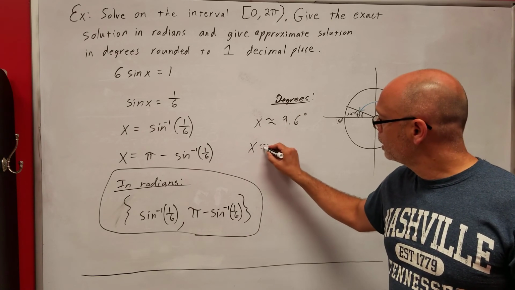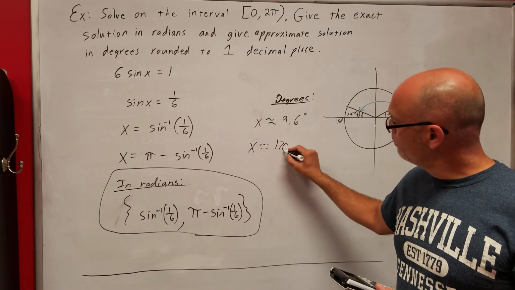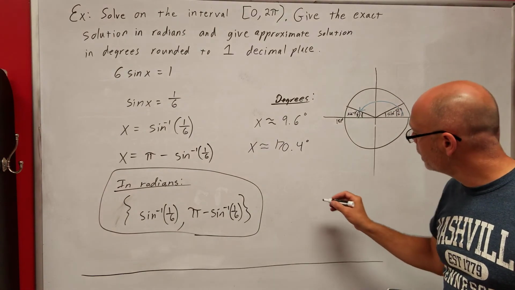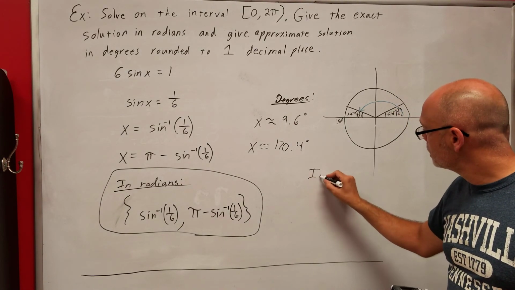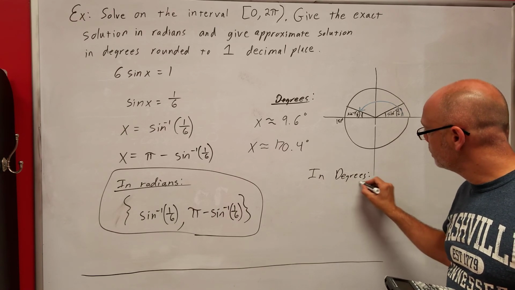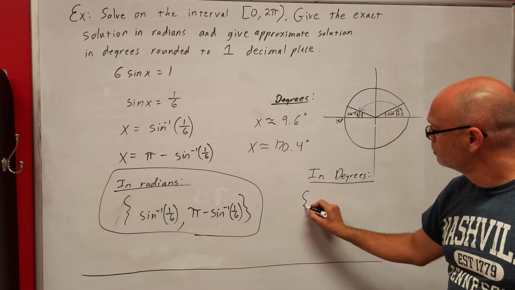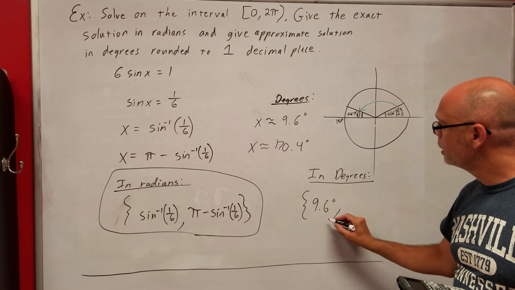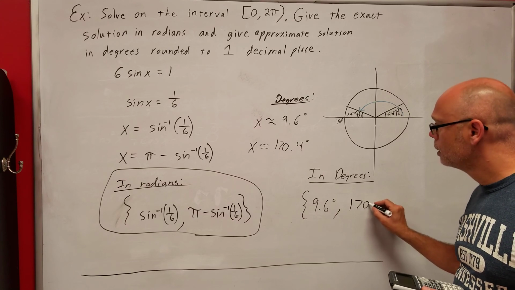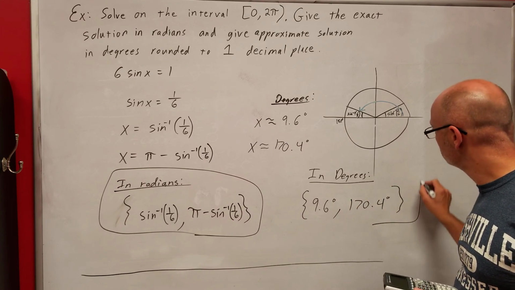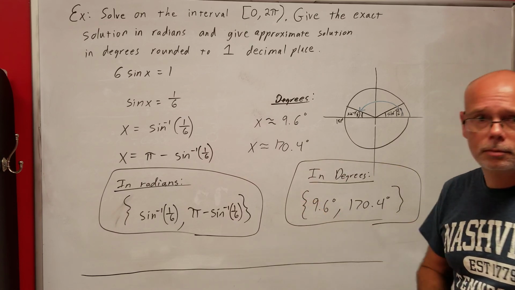And what do we get? We get about 170.4 degrees. So let me list it in set notation. In degrees, the answer is going to be 9.6 degrees and 170.4 degrees, rounded to one decimal place. There we go.